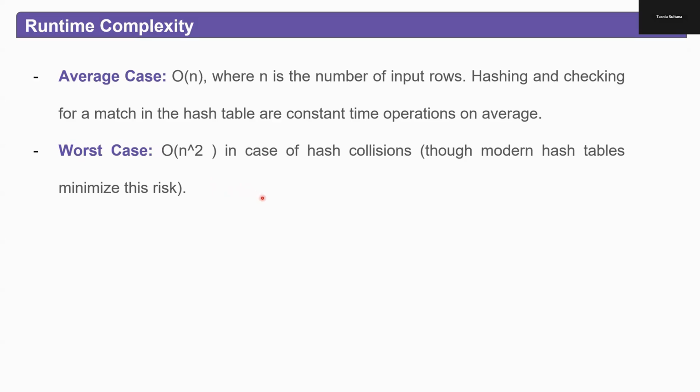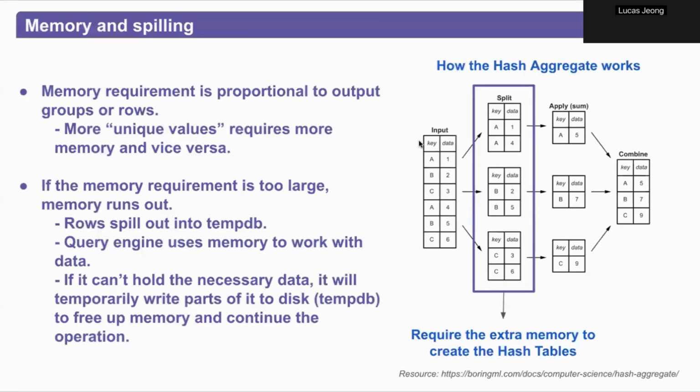The worst case time complexity arises when there are hash collisions, which leads to increased lookup times. However, most modern hash table implementations ensure constant time complexity on average for these operations. It makes hash aggregation efficient for large data sets.